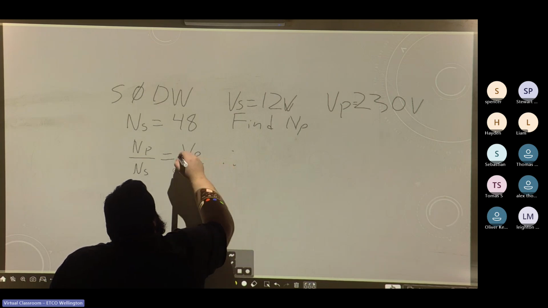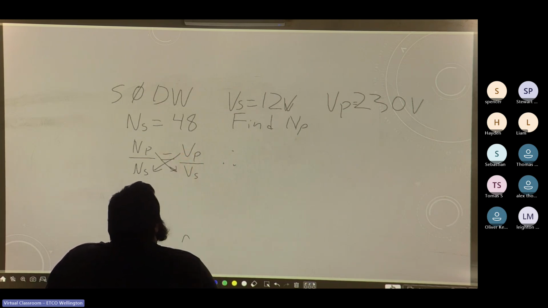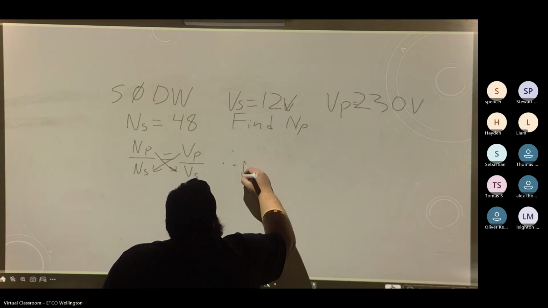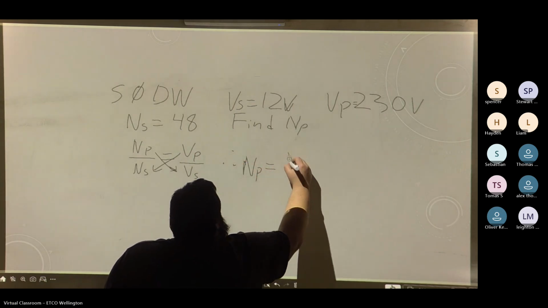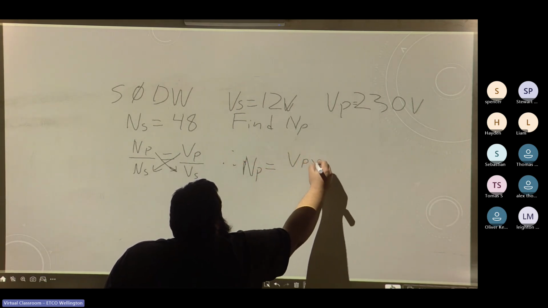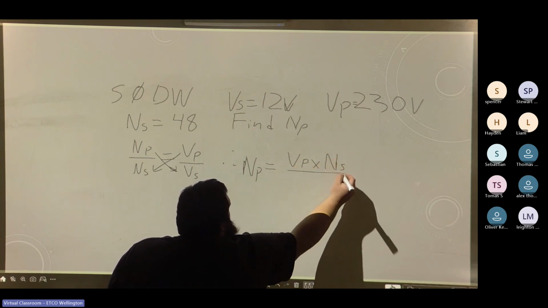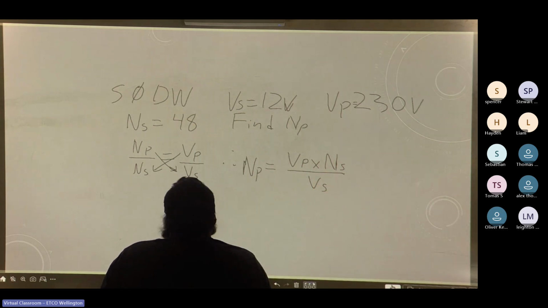Now we need to, again, do our cross multiplication, but we're looking for the number of turns in the primary. So first thing we do, NP equals voltage primary times the number of turns in the secondary over voltage in the secondary.